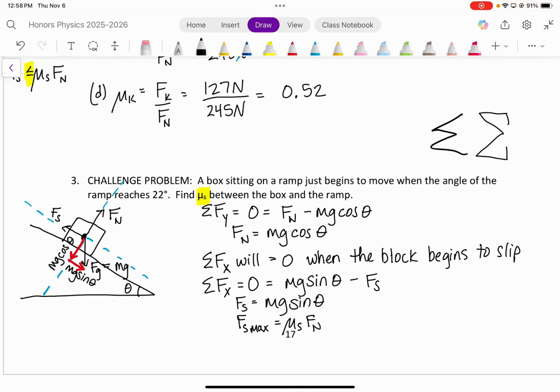Well, I just derived an expression for Fn a couple lines above, so I'm going to substitute for Fn. So maximum static friction equals mu s times, what does Fn equal? Fn equals mg cosine theta.